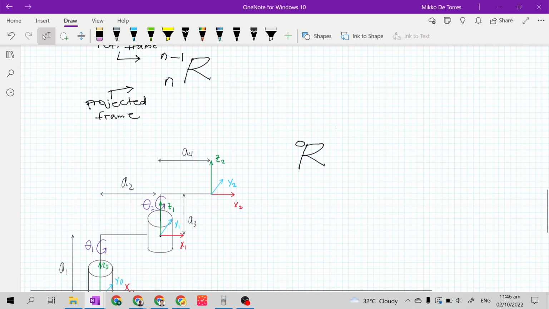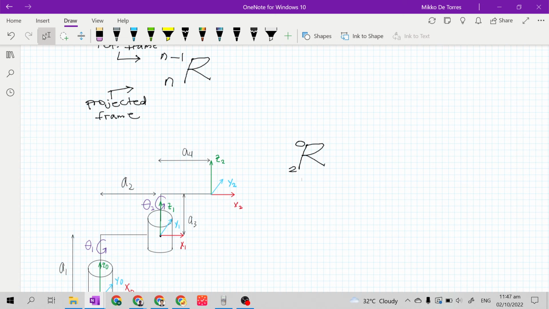Then our projected frame must be the frame of the end effector. So the name of our end effector frame is frame 2. The axes are labeled with number 2.